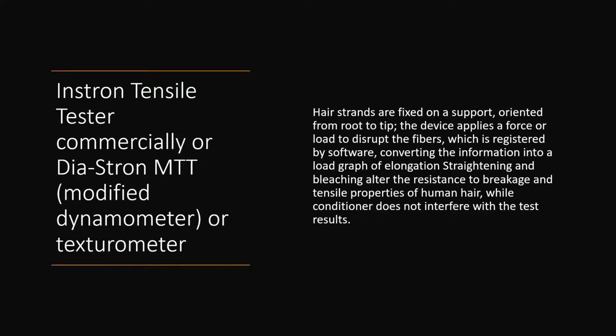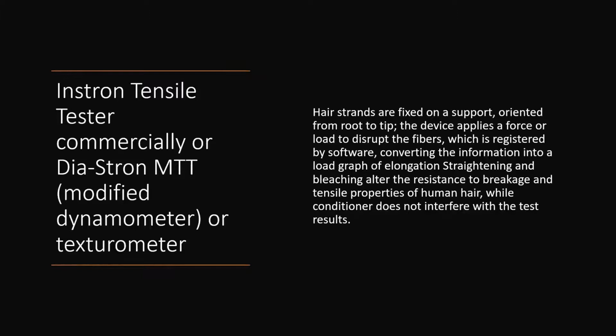It is registered by the software, converting this information into a load graph. How much load the hair strand is able to withstand, we are continuously calculating, and all this data is digitized using the software system and recorded at the same time. So when you undergo the treatment, you again measure the tensile properties, and you can assess the cosmetic evaluation.